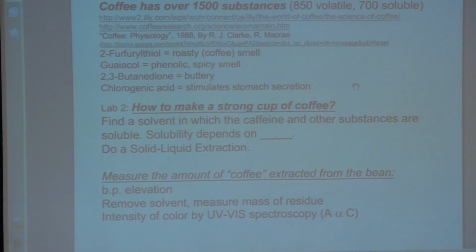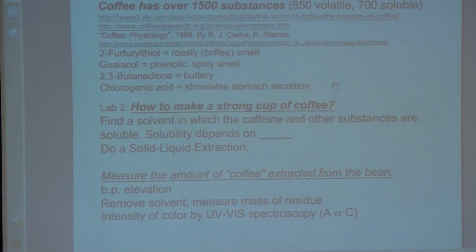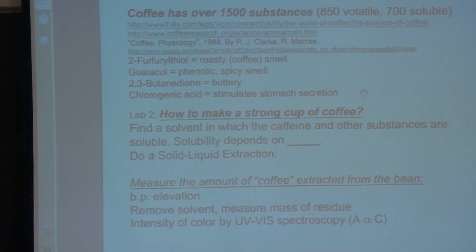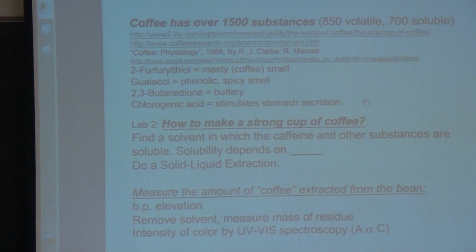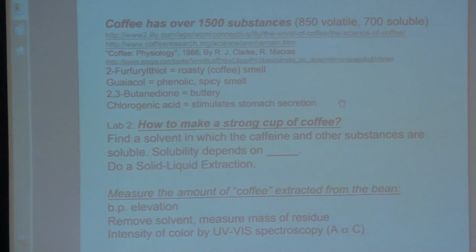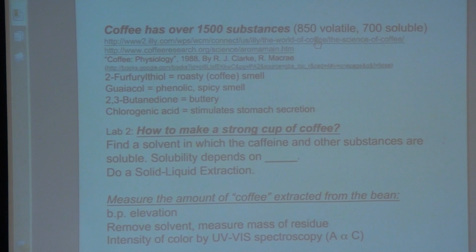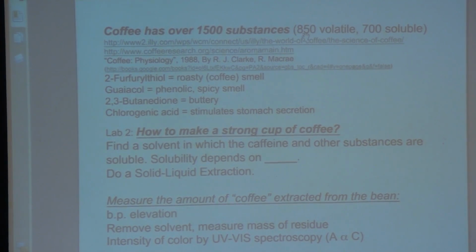Oh, so let's talk a little more about coffee, since we're almost finished with that lab. So coffee has over 1,500 substances in it. I think someone asked me that question in lab, and I said 100, 200. Well, a lot more than 100, 200. Of those 1,500 substances, 850 are volatile substances.